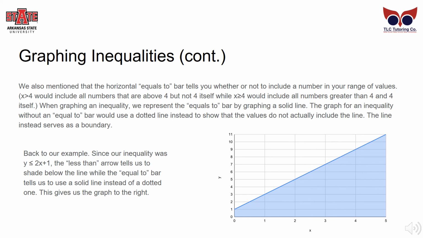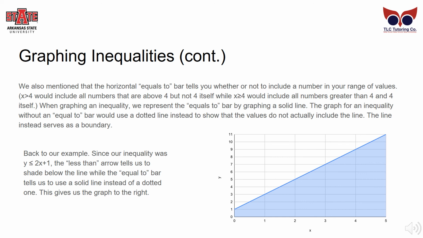When graphing an inequality, we represent the equal to bar by graphing a solid line. The graph for an inequality without an equal to bar would use a dotted line instead to show that the value does not actually include the line. The line instead serves as a boundary.